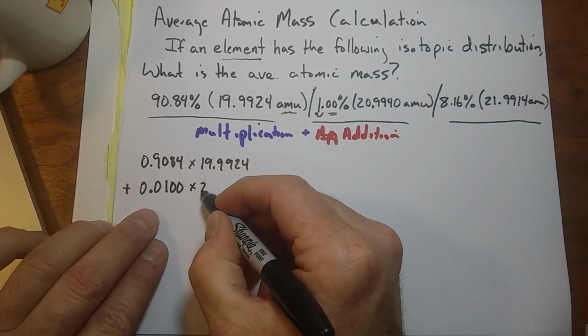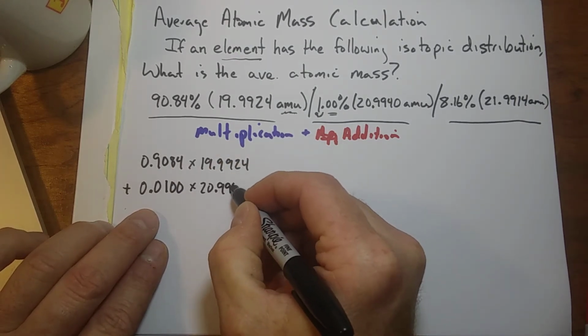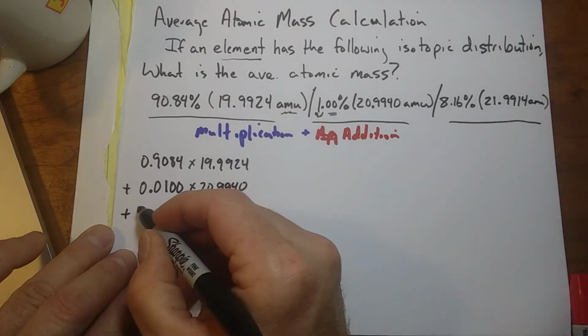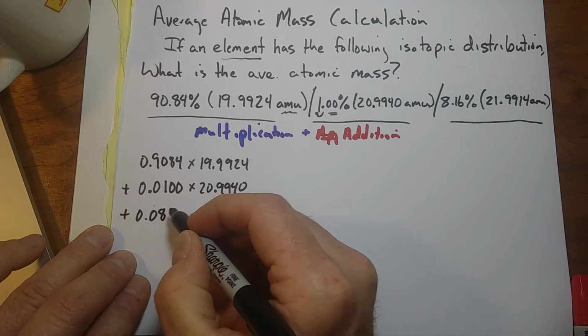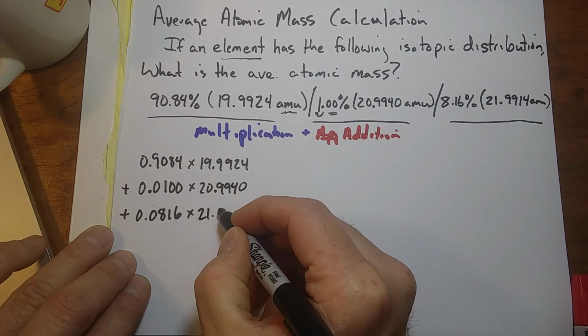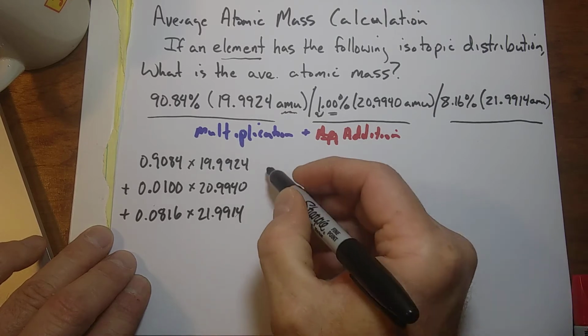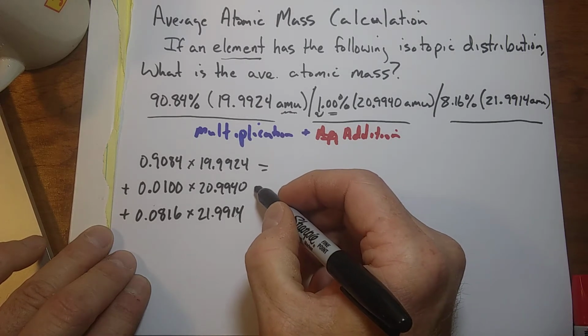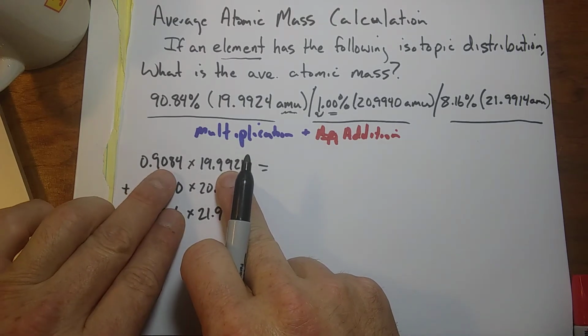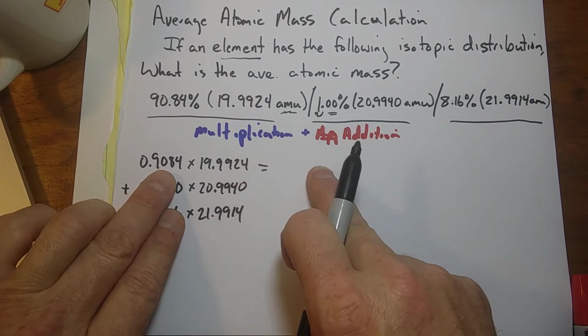That's times 20.9940. And last but not least, we have our last one, 0.0816 times 21.9914. So what we're going to do is go ahead and set this up where we put what we get as a multiplication here.